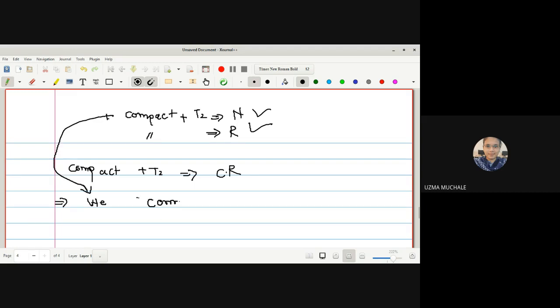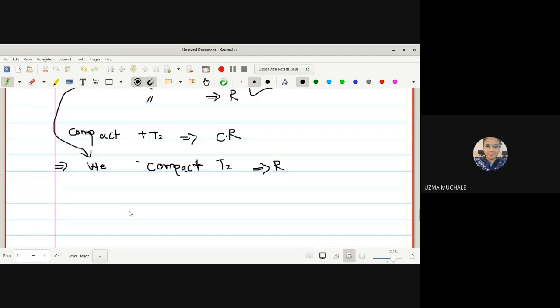Every compact T2 space, we have proved, is regular. And just now in this lecture we have seen every completely regular space is a regular space. Any compact T2 space is regular as well as normal, and hence every normal space is completely regular if and only if it is regular. Okay. One more theorem is there.